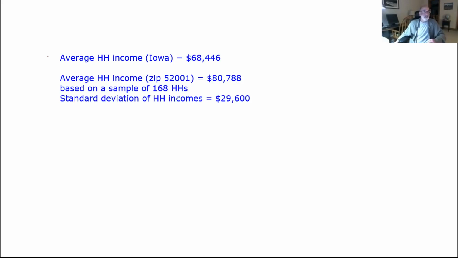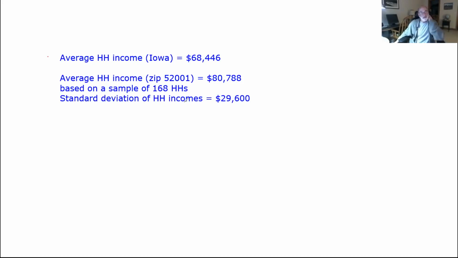I'll also tell you that for those 168 households, the standard deviation of household income, a measure of how much it varies from one household to the next, is 29,600. So in fact, there's quite a variety of incomes among those 168 households.